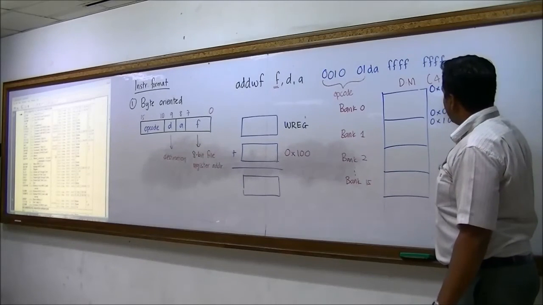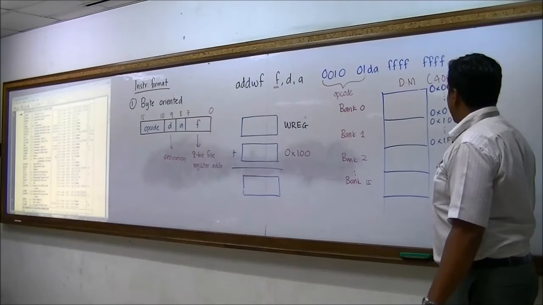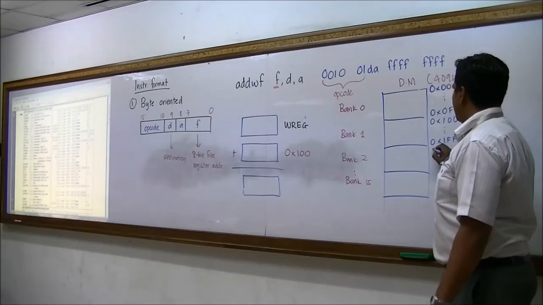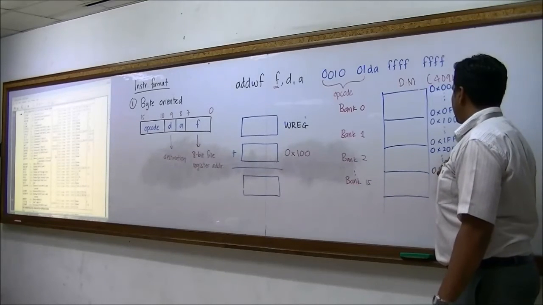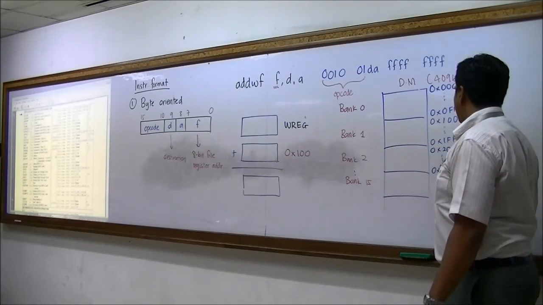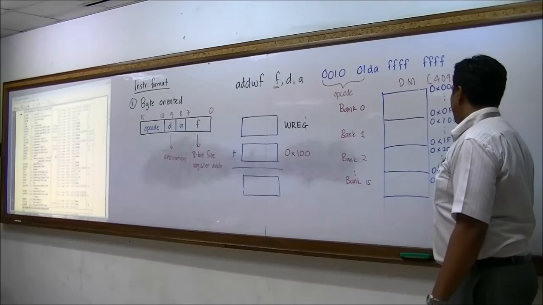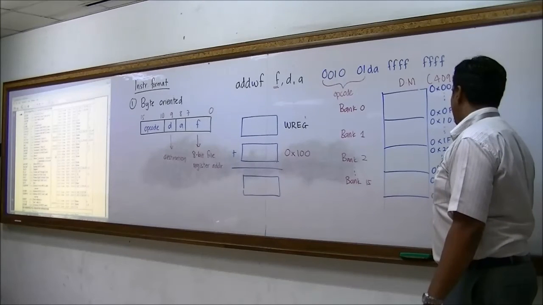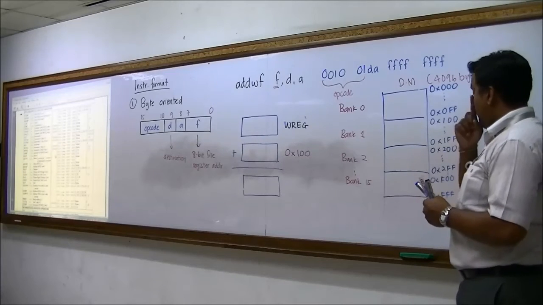Then it will increase until 1FF. After 1FF is 200, it will go until 2FF. Likewise, bank 15 will be F00, up to FFF. You following?